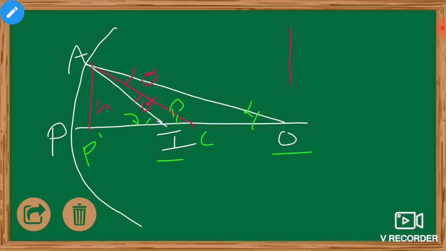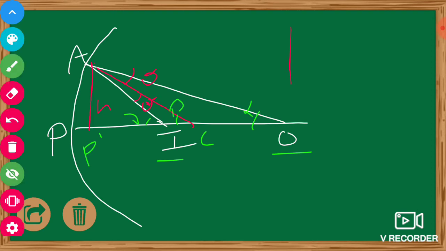Here I will explain for our convenience. PC's value is the radius of curvature, which can be measured as r.